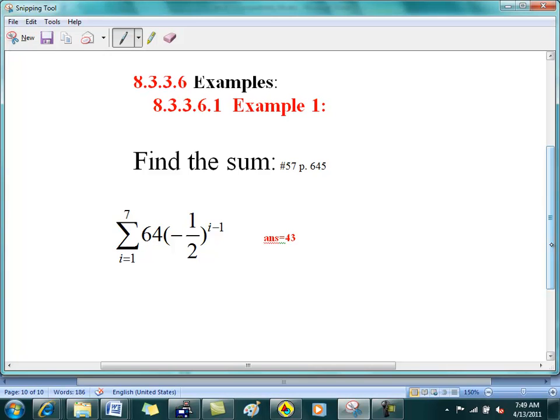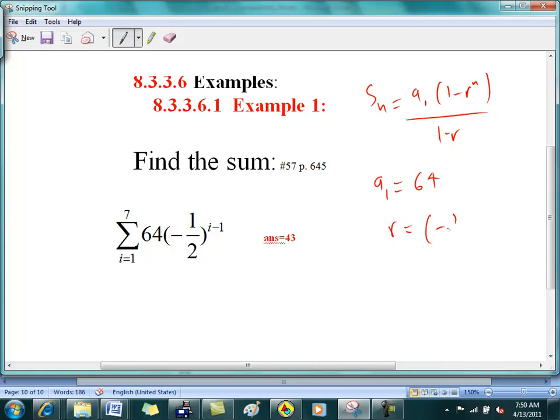So this is not an infinite sequence, and the formula I'm going to use is this one here. What's A1 equal to? 64. What's R equal to? Negative 1/2.